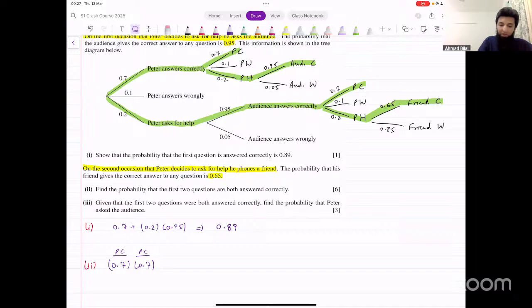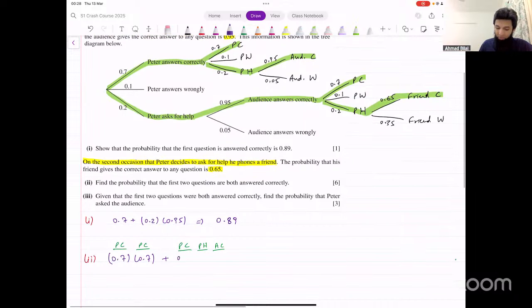These are probabilities that Peter answered the question correctly himself both times. That's one case. Or the second case is he answers correctly himself the first time, and then the second time, he asks for help and the audience answers correctly. That's the second case.